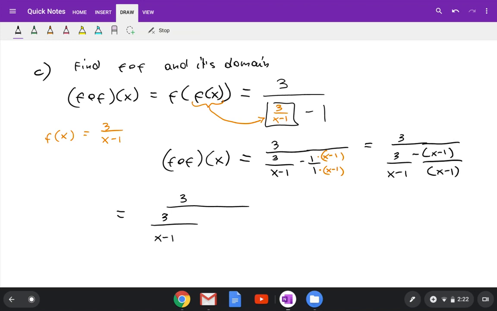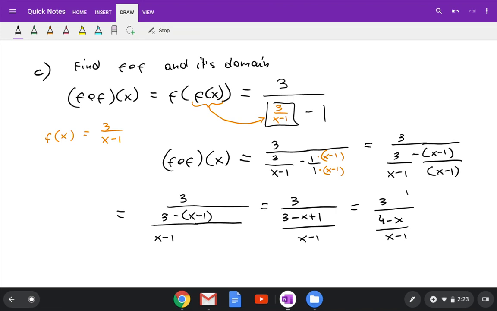Now, since we have common denominators, we're going to combine numerators together: 3 minus x minus 1. And let's distribute that minus. So we're getting 3 over 3 minus x plus 1 over x minus 1, which is the same as 3 over 3 plus 1, which gives you 4 minus x, over x minus 1.